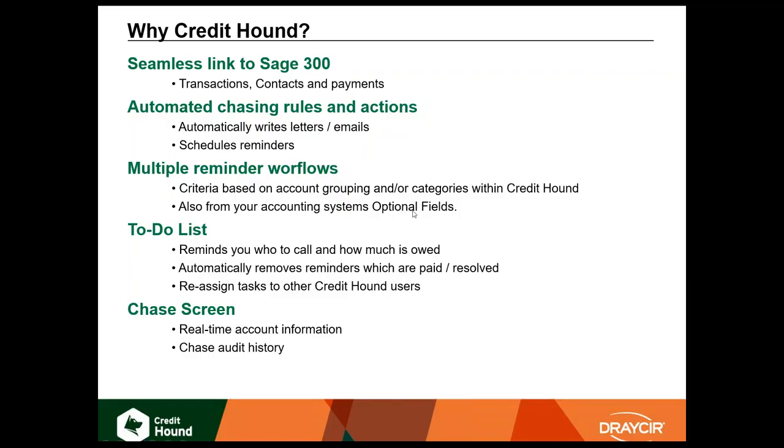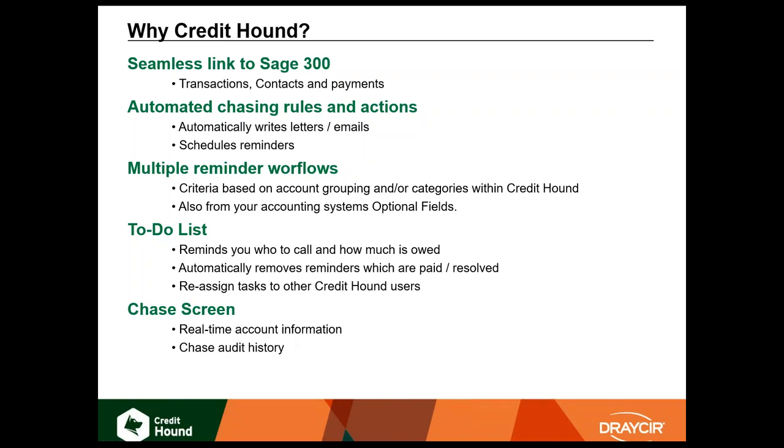If you group or categorize your customers already using things like optional fields from Sage 300, this can be displayed in Credit Hound also. So Credit Hound will display all your notes and all your history against the customer transaction.